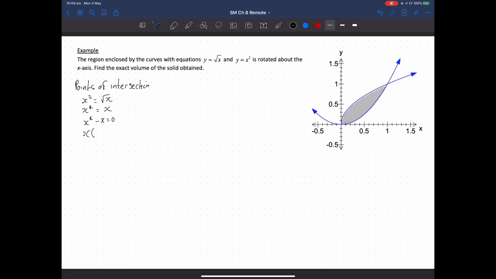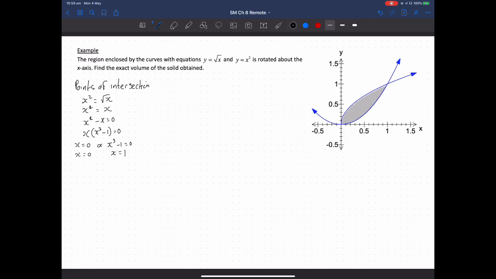x times x cubed minus 1 equals 0. That tells me x is equal to 0, or x to the power of 3 minus 1 equals 0, which tells me x equals 0 or x is equal to 1.